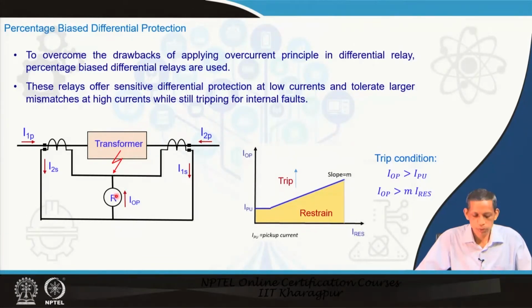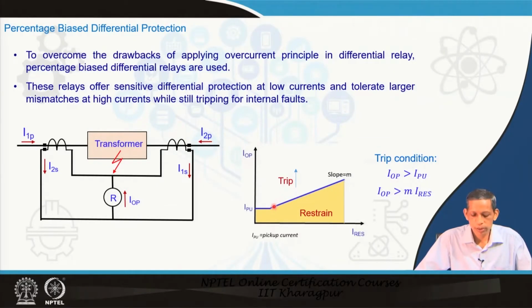To overcome that problem, for large external current or large current through these CTs, the restraint should be more also, and that is what is provided in this protection philosophy. If you have large current in these CTs, then the restraint should be more, and thereby the relay can perform in a better way.